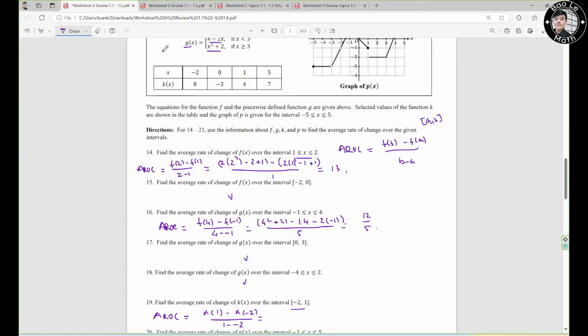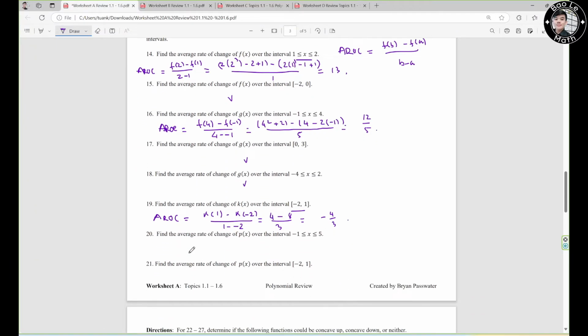So look at the function k right here, k of 1 is going to be 4 minus k of -2 is going to be 8 over 3, right? So it's going to be -4 over 3, right?